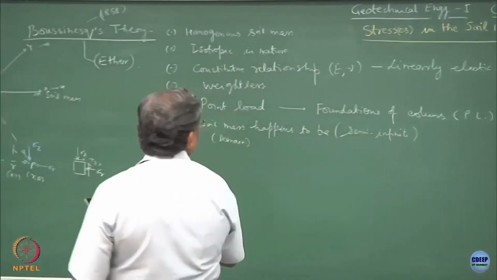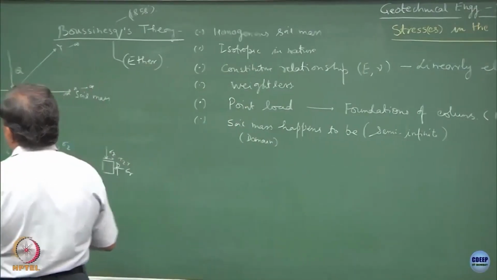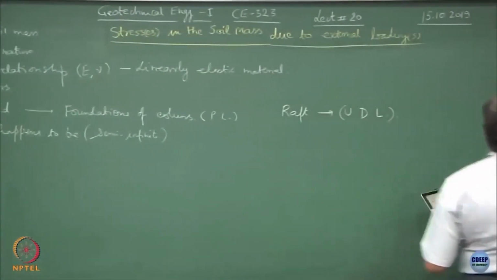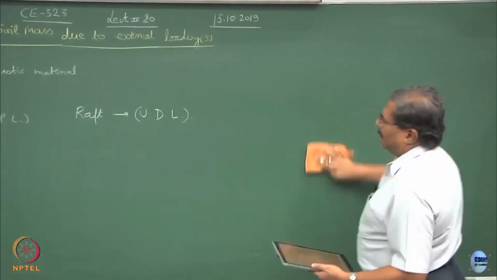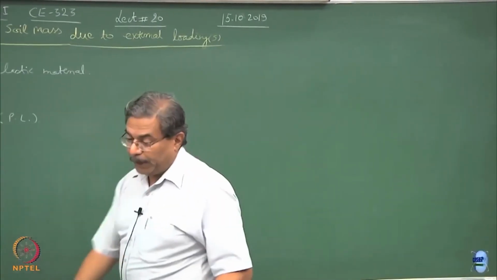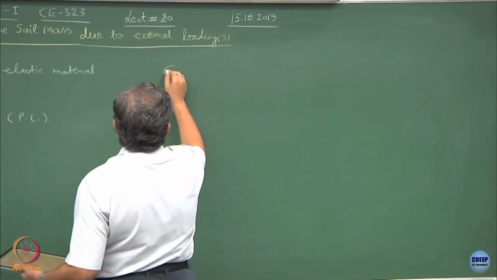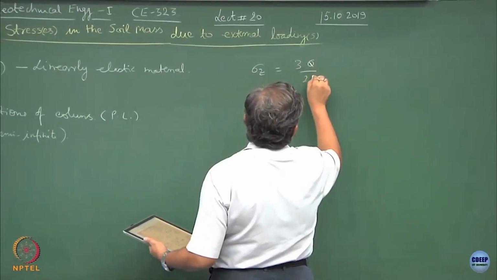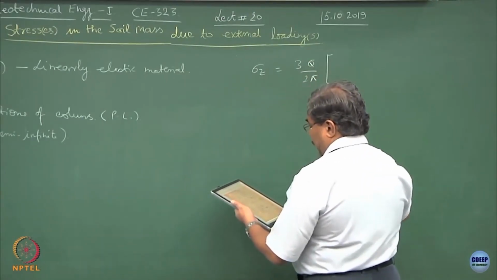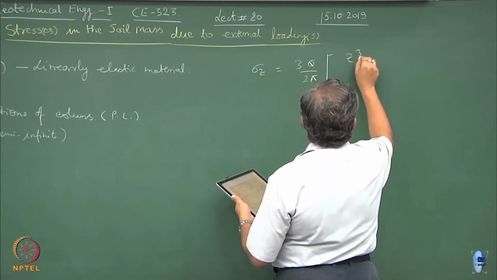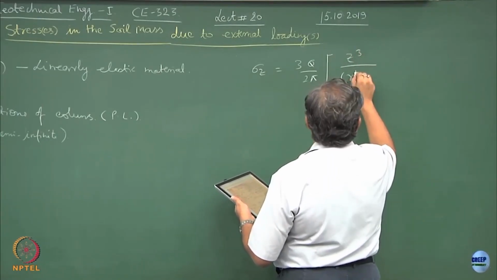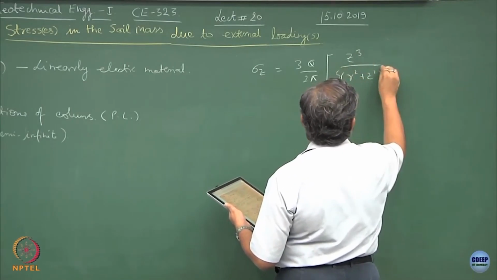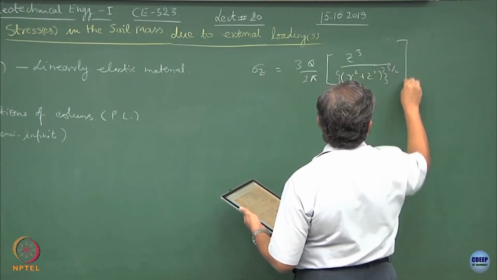So, as per the Boussinesq theory, the equation for the point load is sigma z equal to 3q upon 2 pi into z cube upon r square plus z square to the power 5 by 2.